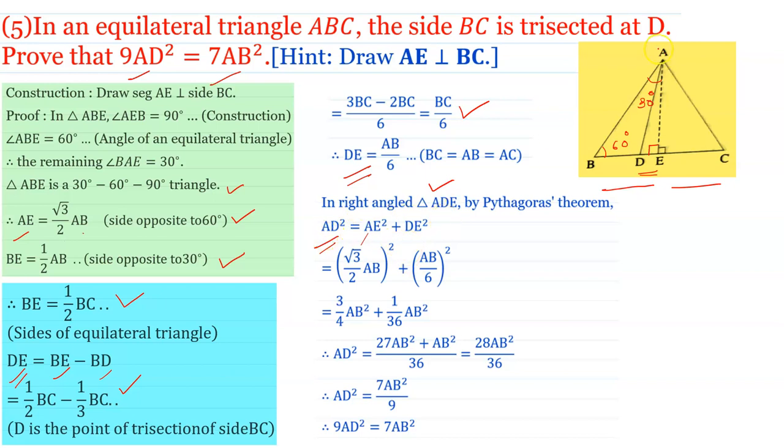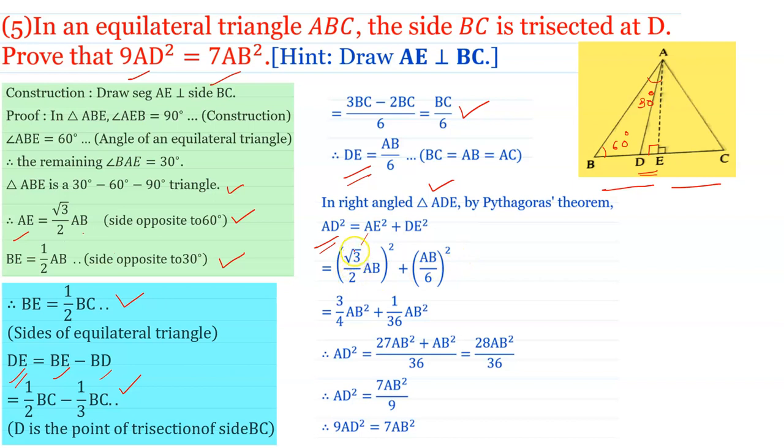Therefore, in triangle ADE, AD square is equal to AE square plus DE square. Substitute the value of AE, which is root 3 by 2 times AB, so root 3 by 2 AB bracket square, plus DE, which is AB upon 6, bracket square.